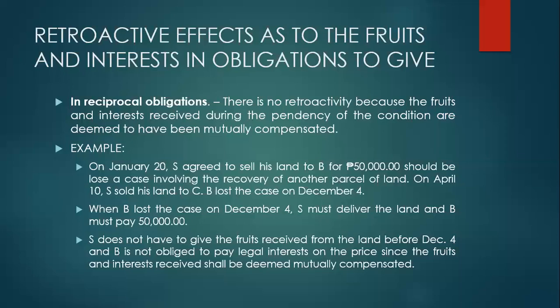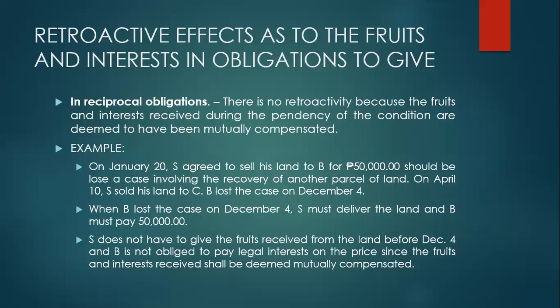The coconut tree will bear fruits. We call them coconuts. What if, for example, during the pendency of the fulfillment of the suspensive condition, let us say from January 20 to December 4, S harvested, nag-harvest siya ng mga coconuts. Let us say yung worth ng coconuts harvested is 10,000 pesos.